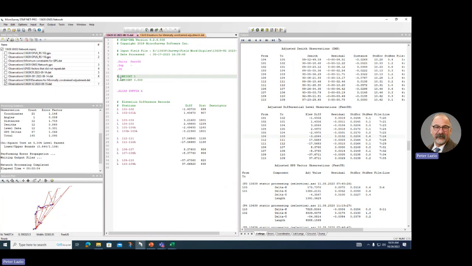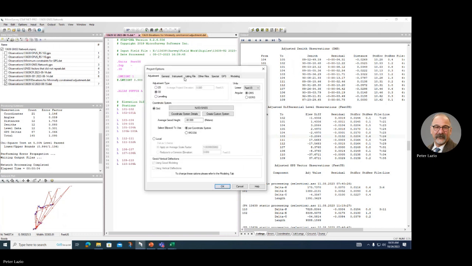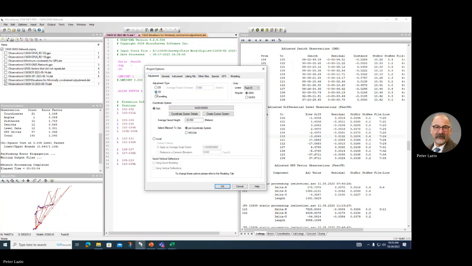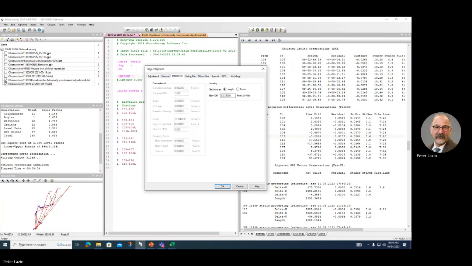You set that to 1, and that overrides this over here, so this is now ignored. We want to change it to leveling. And then by changing lwait, this is ignored.